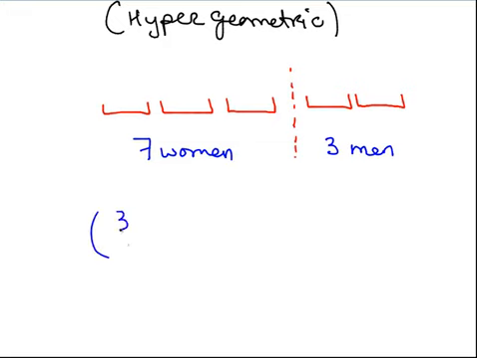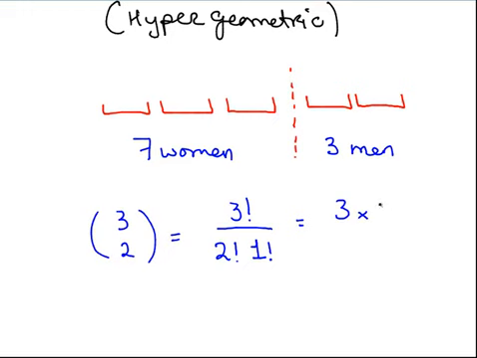So 3 choose 2 is 3 factorial over 2 factorial times (3 minus 2) factorial, so that's 1 factorial. 3 factorial is 3 times 2 factorial, over 2 factorial times 1 factorial. 1 factorial is just 1. The 2 factorials cancel out, so the answer there is 3.